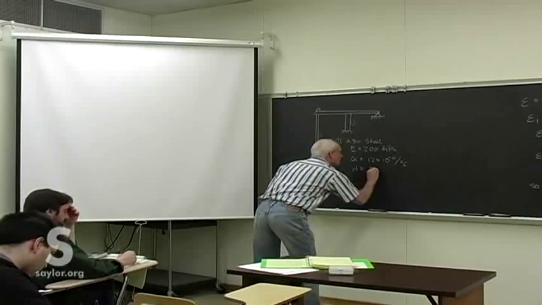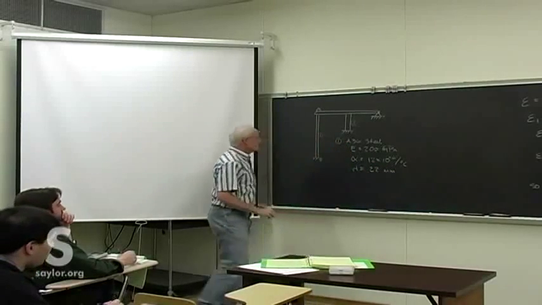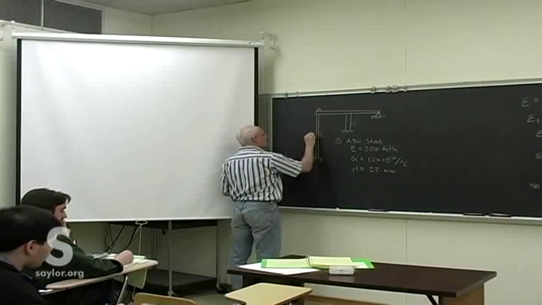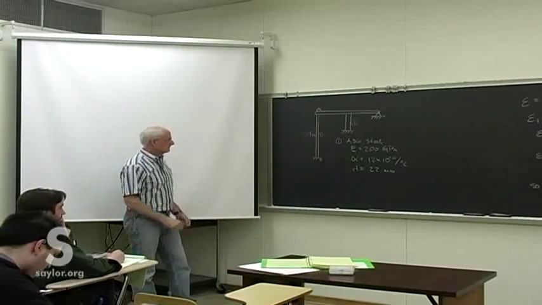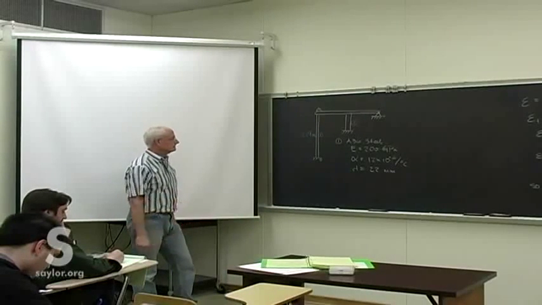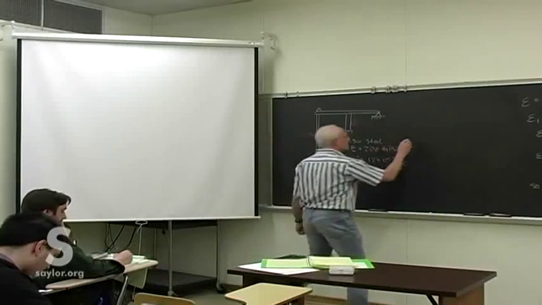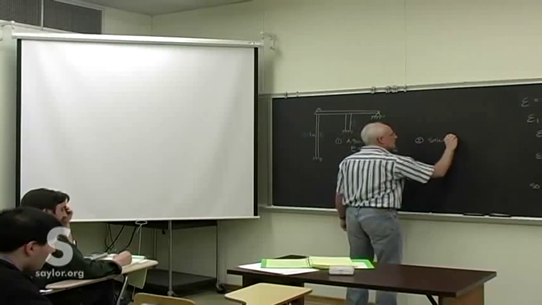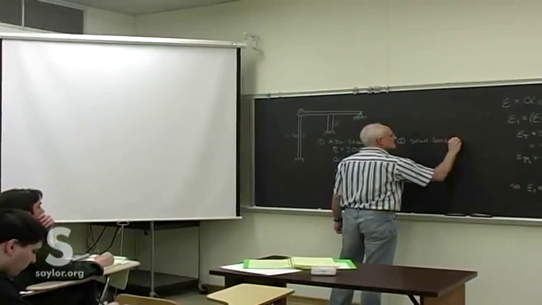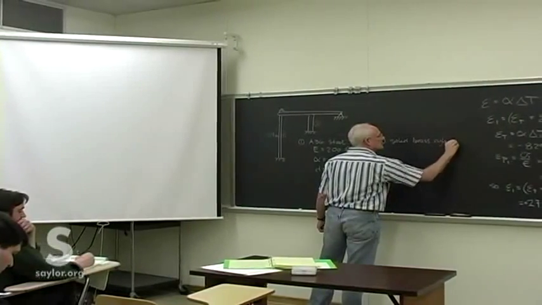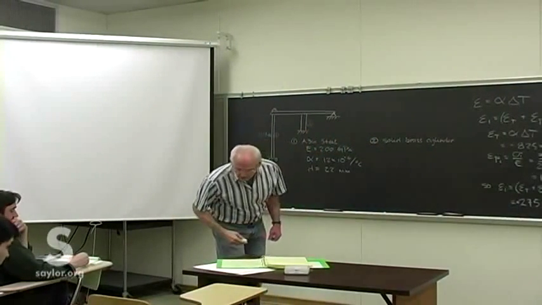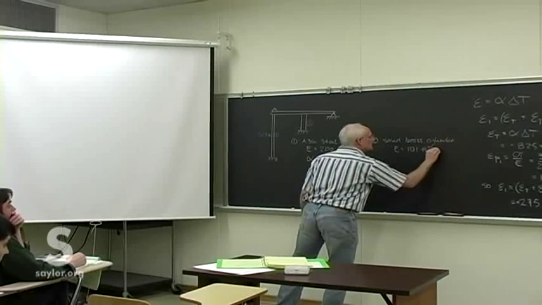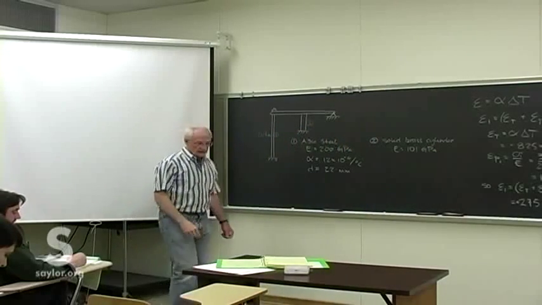The diameter, 22 millimeters, and the length, 0.9 meters. So that's piece 1. Piece 2 is a solid brass cylinder, and we'll use the properties of Young's modulus 101 gigapascals.